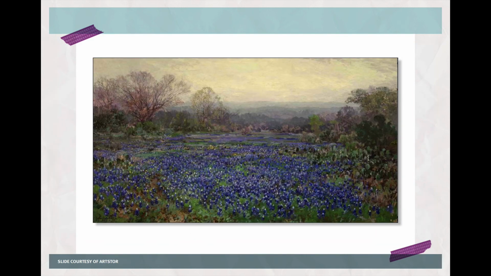So let's talk about layout. When you see something like this, it's a landscape, a bucolic landscape. It feels peaceful. This is a strong horizontal landscape. When you have a strong horizontal line or field, it gives a very peaceful feeling for your viewer.